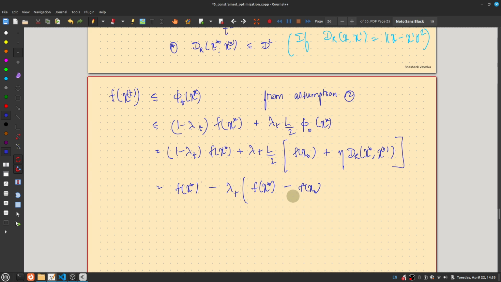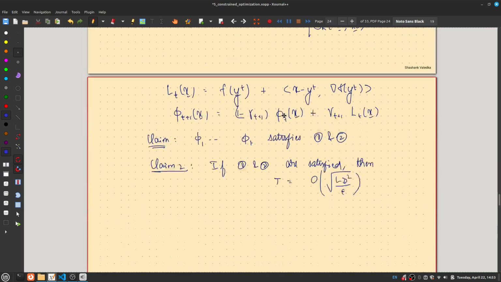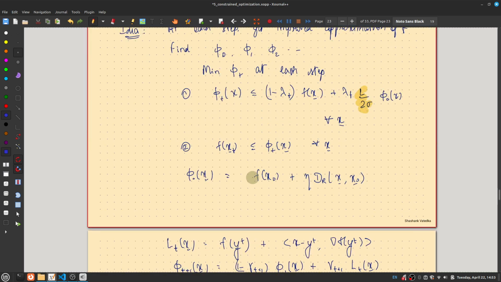So the first one is an equality and not an inequality, because which one? Assumption one is that the first time you put the equal sign, your assumption one is less than or equal. I'm sorry, this is an inequality. Fine. Those two steps are fine, but the next one, because I've chosen phi naught of x star, so phi naught of x is chosen to be f of x naught plus this particular quantity.